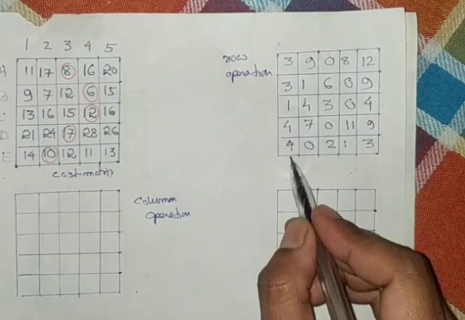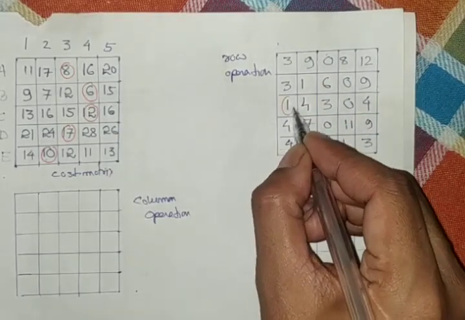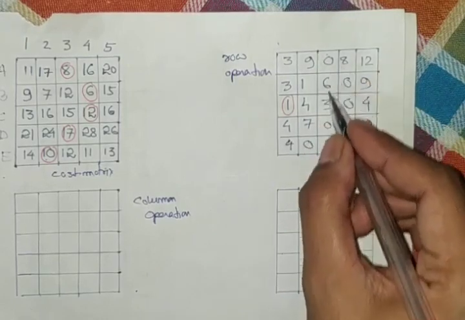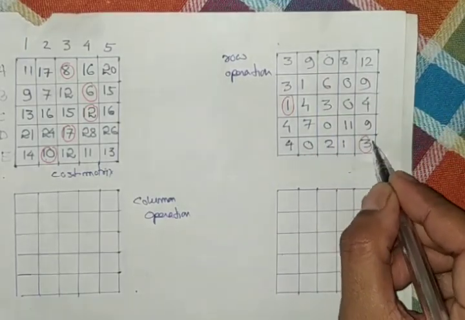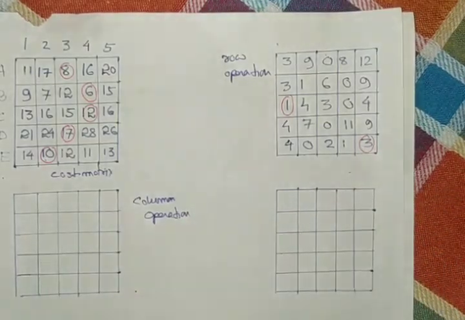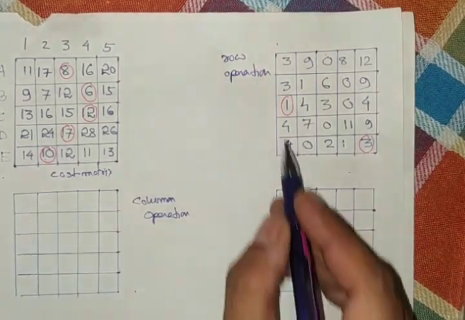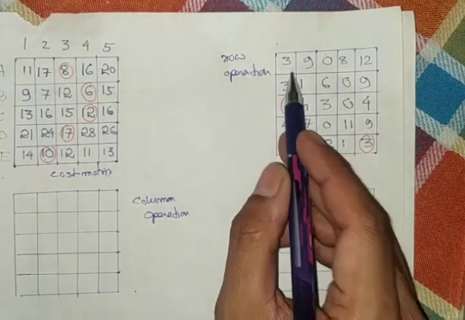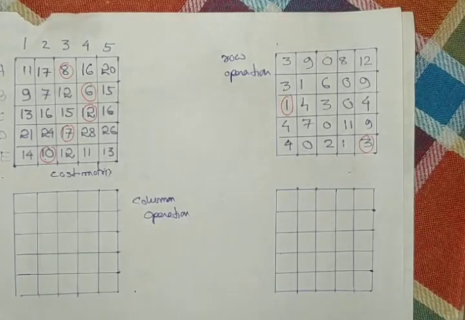In this column, the minimum element is 1. Here it is 0. Here it is also 0. This one is also 0. Here it is 3. So let's perform the column operation. 3 minus 1 is 2.